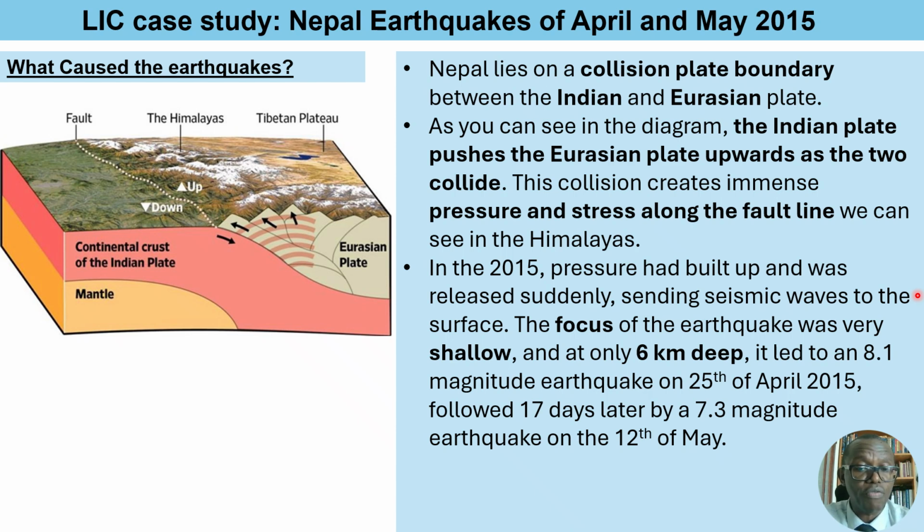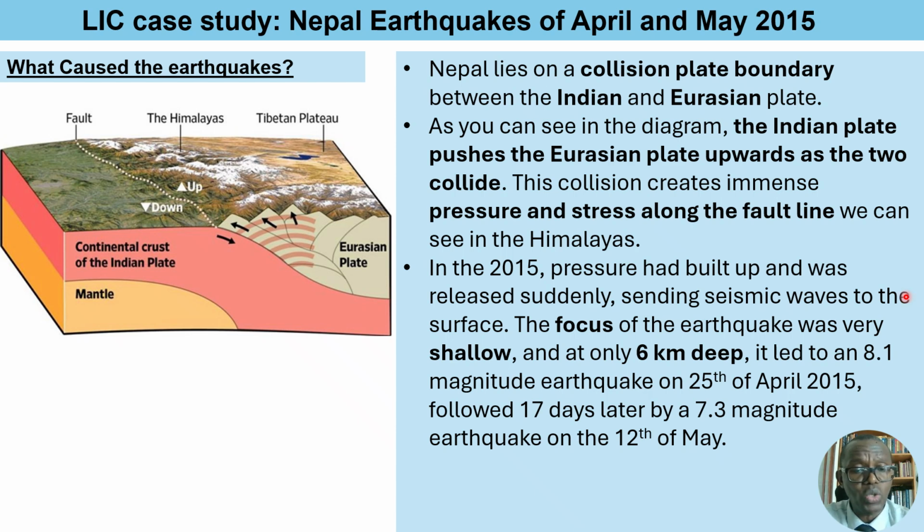The focus of the earthquake was very shallow. At only 6 kilometers deep, it led to an 8.1 magnitude earthquake on the 25th of April 2015, followed 17 days later by a 7.3 magnitude earthquake on the Richter scale on the 12th of May.